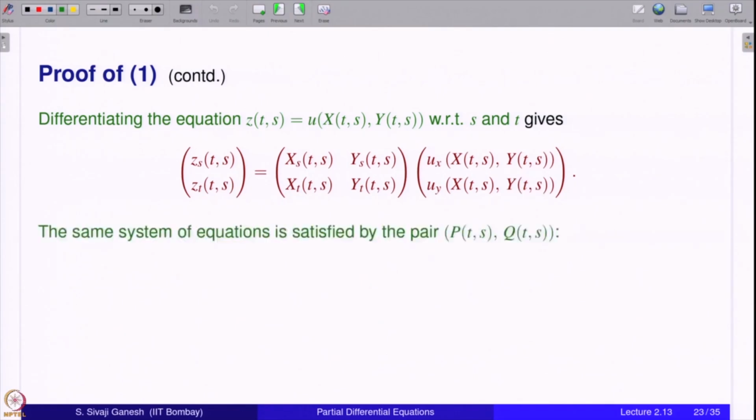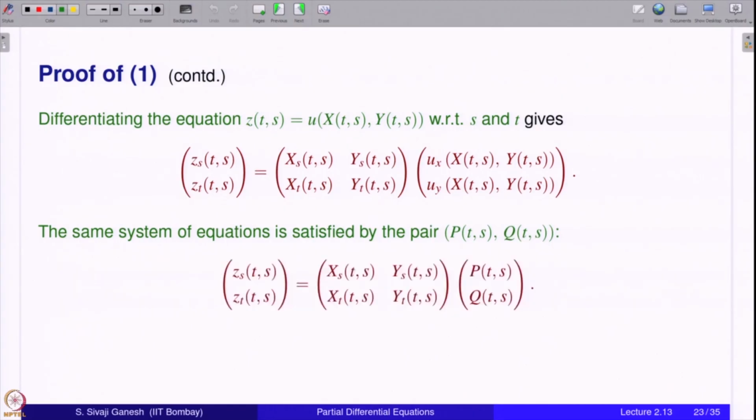Now, we claim, so what is this equation? This is satisfied by u_x(x(t,s), y(t,s)), u_y(x(t,s), y(t,s)). This matrix acting on that will be z_s, z_t. Now, we are going to show p(t,s), q(t,s) also satisfy the same system. See, the coefficient matrix is the same, in this case I have written it as the left hand side.